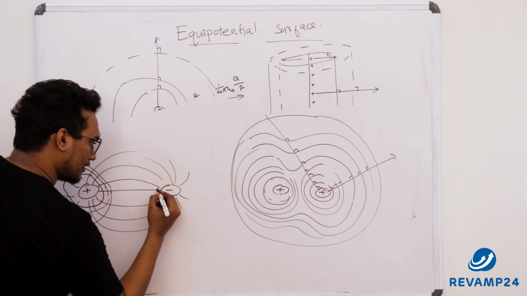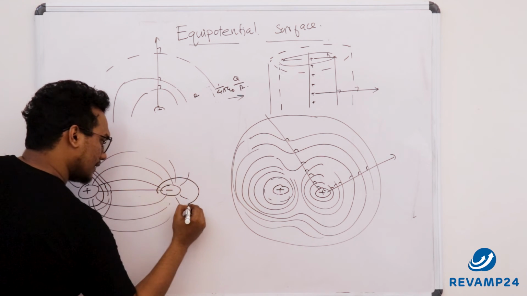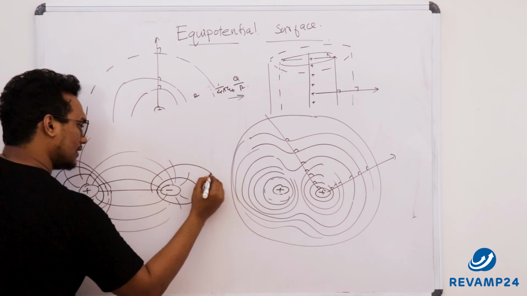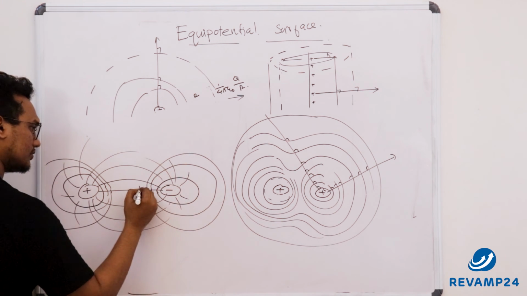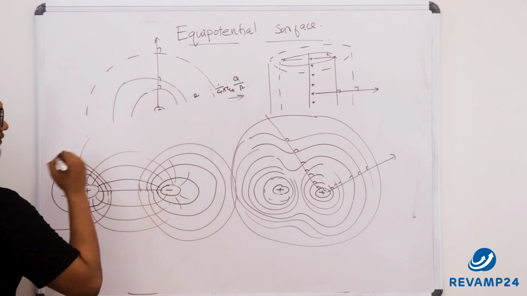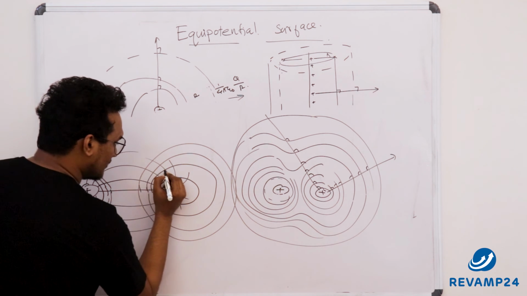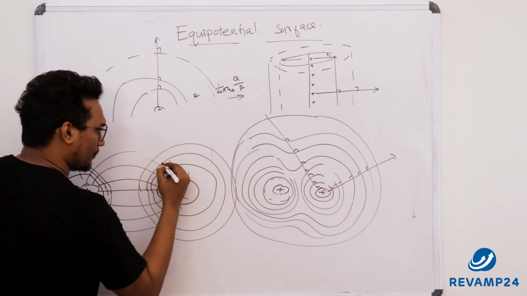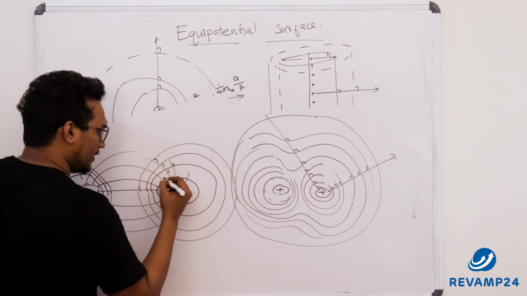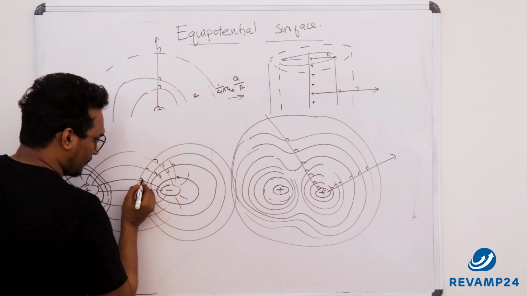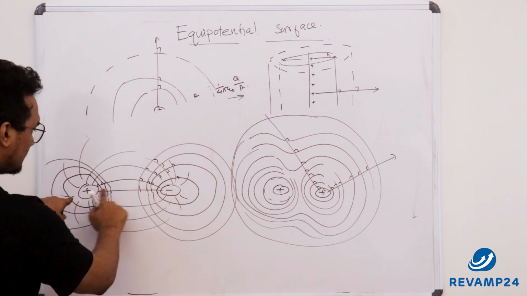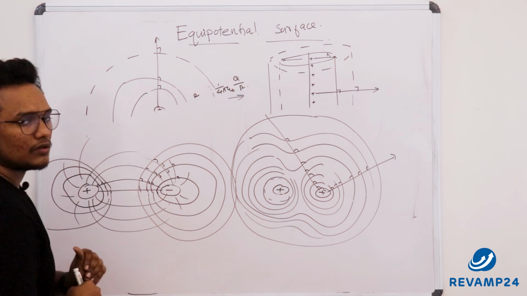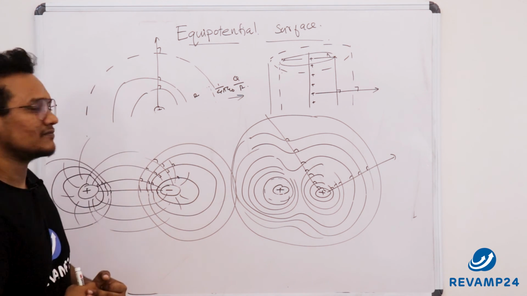So similarly here the equipotential surface will be close to this, then away, close to this, then away. This is the equipotential surface. Clear? Make sure that the electric field lines are perpendicular to the equipotential surface. So always the electric field lines should be perpendicular to the equipotential surface. Thank you.